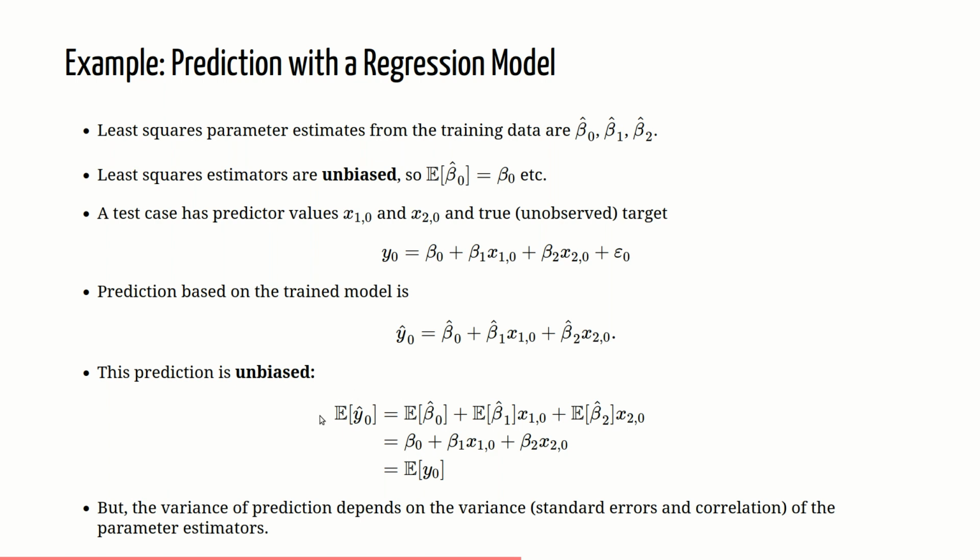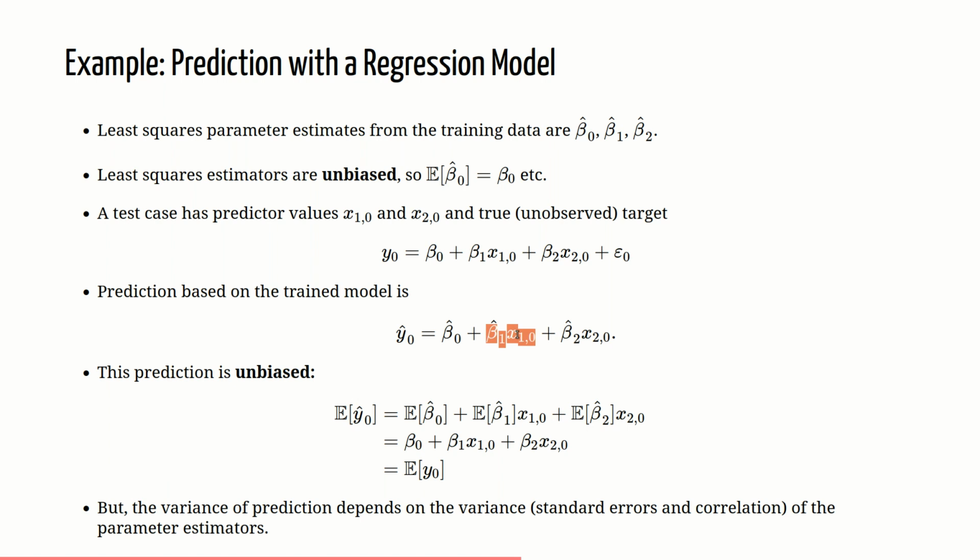So if you have a look down here, we've got the expected value of a predicted observation, y hat naught. That's just going to be our estimated coefficients from fitting our model times the observed predictor variables for that observation. And when you take the expected value of this, the expected value of a sum is the sum of the expected values, so you can split the expectation over these terms.